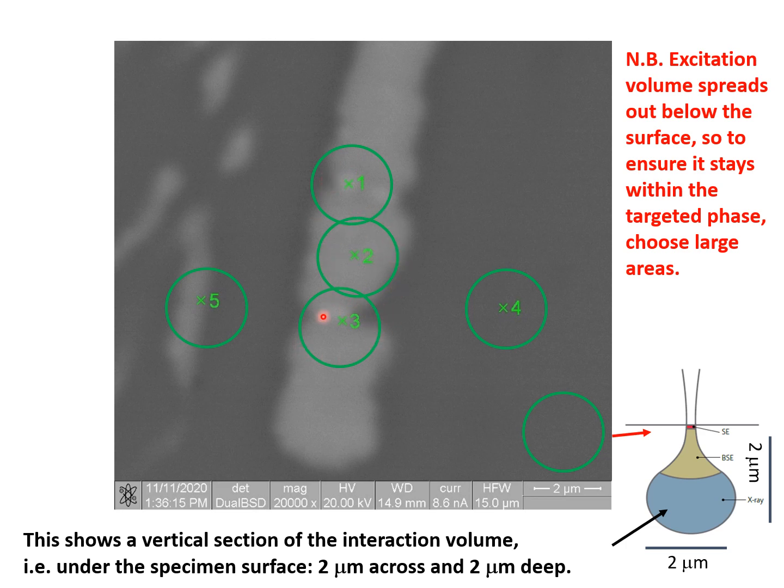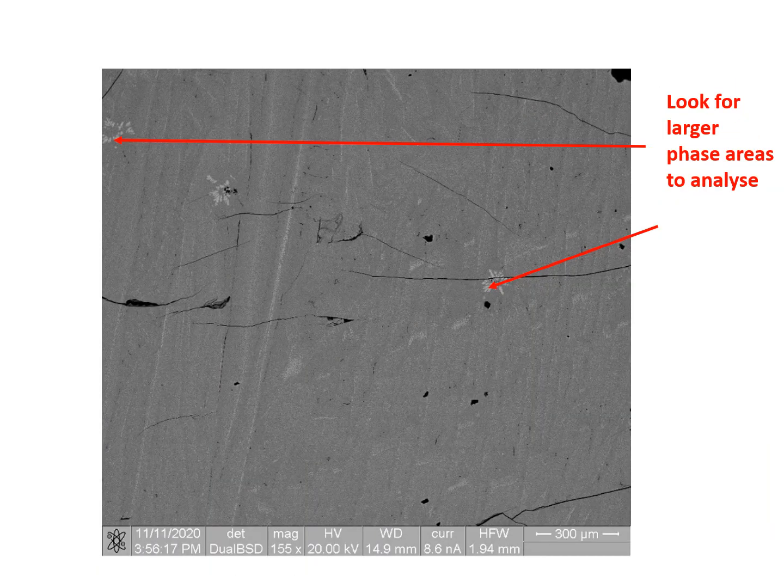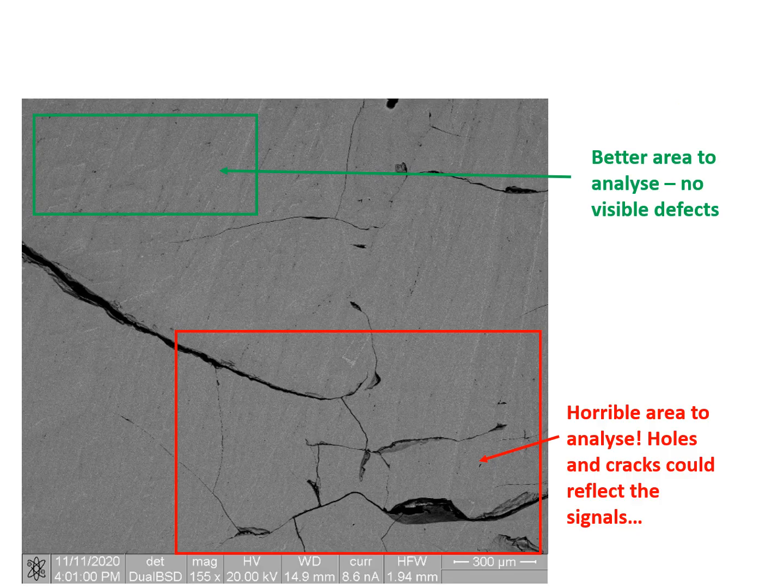That's going to pick up the dark. That is on the edge. I don't know why he put it on the edge, and he's mainly going to be analysing the matrix. Okay? It's amazing how people can do things wrong.